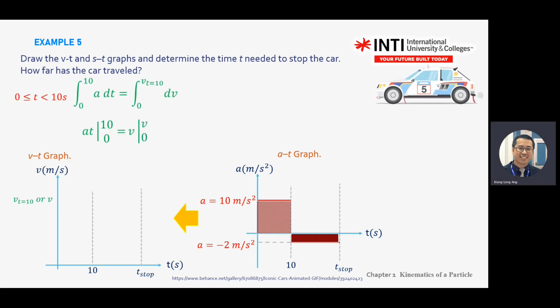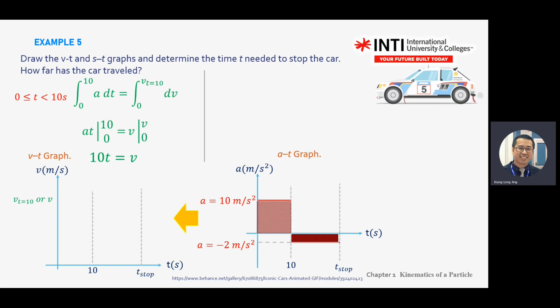Okay, then you find the velocity, the area under the graph. You do integration, you get this form. Make sense? Integrating a dt, you get at. Make sense? Then there's a limit 0 to 10. Then on the right-hand side, you integrate dv, you get v. The integration of this one is at. t substitute 10 minus 0, 10t.